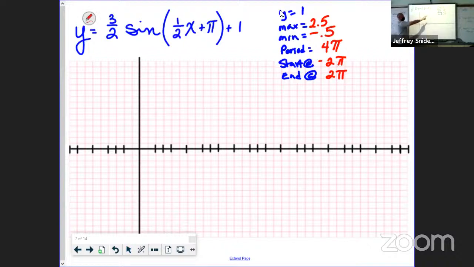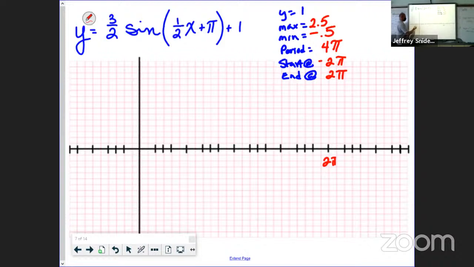I mean, I have 2 pi. We should know where that one is, right? This is 2 pi. Can anybody tell me where my other critical values are going to be, the angles that I'm interested in where midline or max and mins occur?